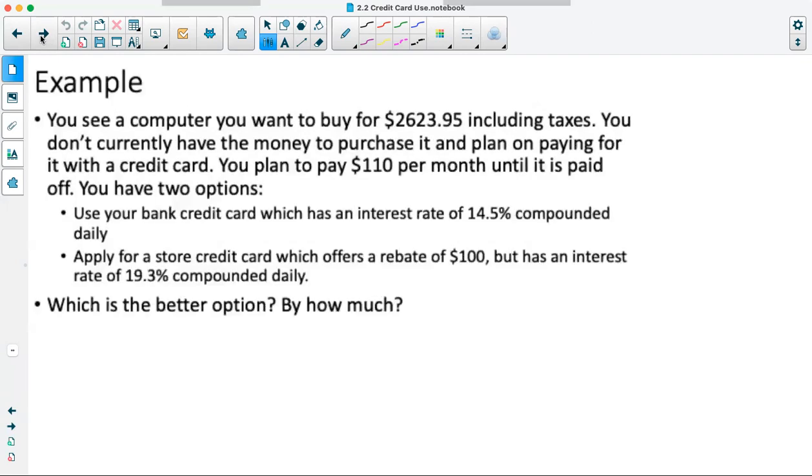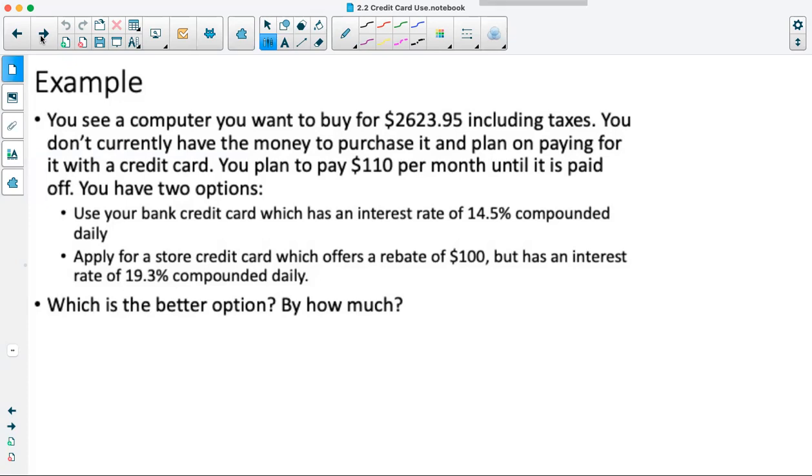So, for example, you see a computer you want to buy for $2,623.95, including taxes. You don't currently have the money to purchase it and plan on paying for it with a credit card. You are planning to pay $110 a month until it is paid off. You essentially have two options. You have two different credit cards.